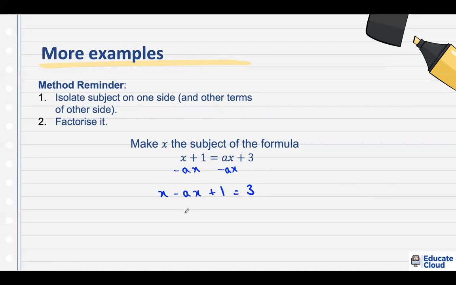And we'll take away the 1 because you just want the x's on this side. So 3 minus 1 is just 2. Now you've got these 2 x's that you can factorise out, and in the brackets, you have 1 minus a equals 2. Then to get the x by itself, it's going to be 2 over 1 minus a. So x equals 2 divided by 1 minus a.